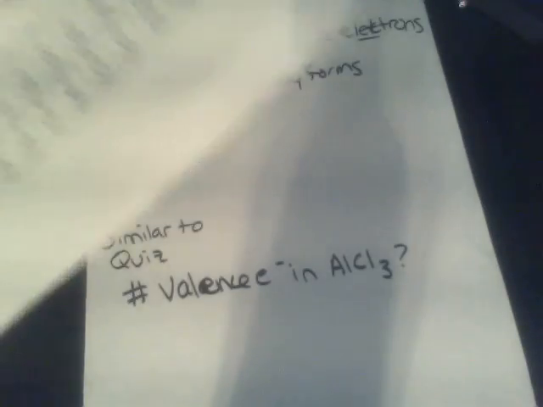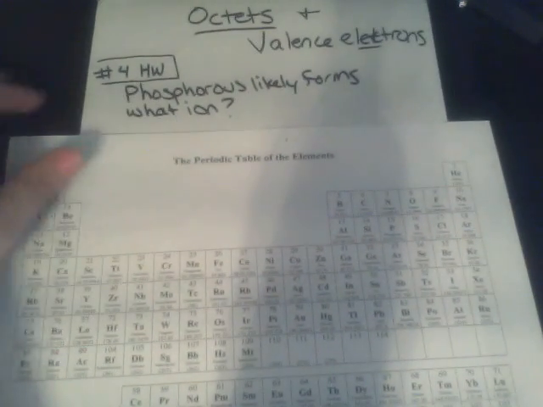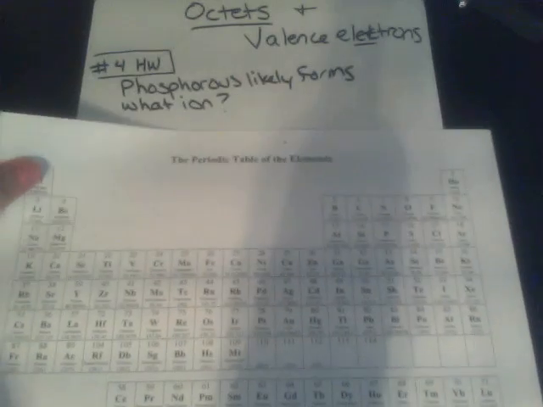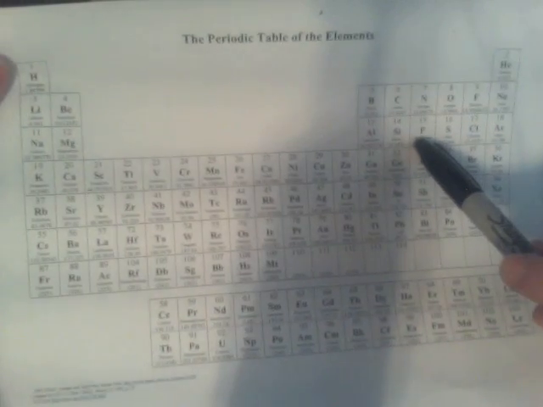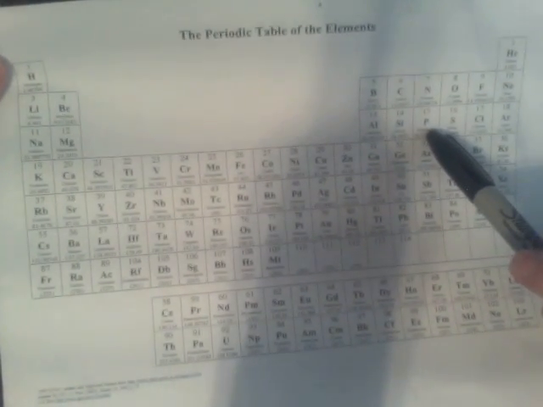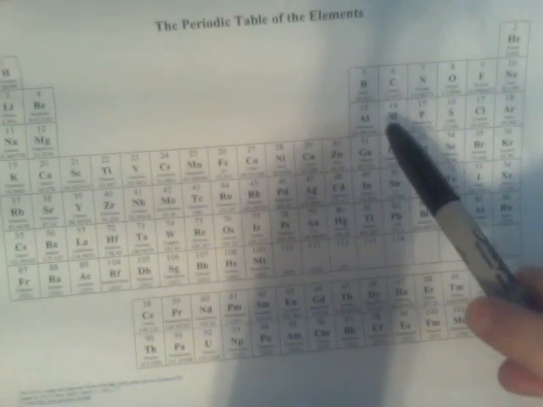So let's talk about a couple things that are from the homework. It says phosphorus, number 4 from the homework. Phosphorus likely forms what ion? So let's find phosphorus, right? Now, phosphorus would like to have 8 electrons. So is it easier to gain 1, 2, 3, gain 3, or to lose 1, 2, 3, 4, or to lose 4 electrons?